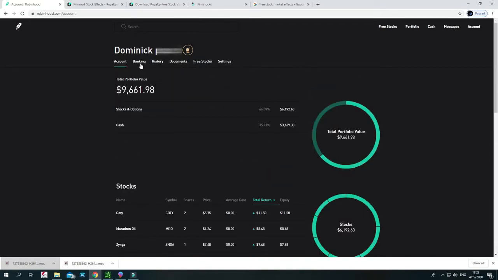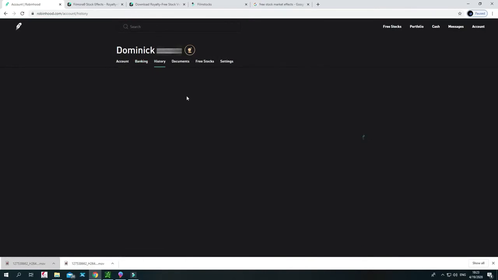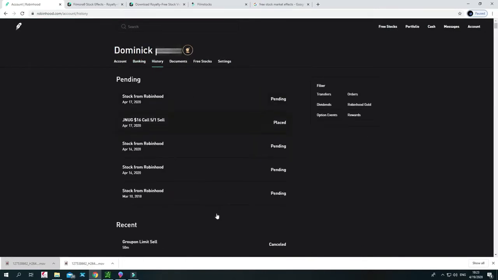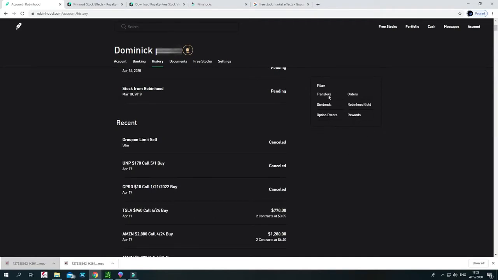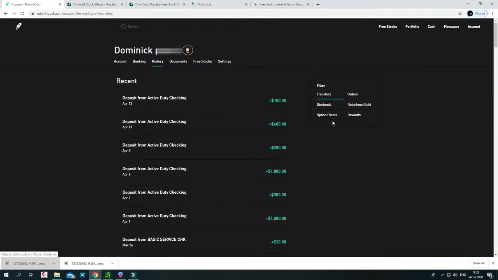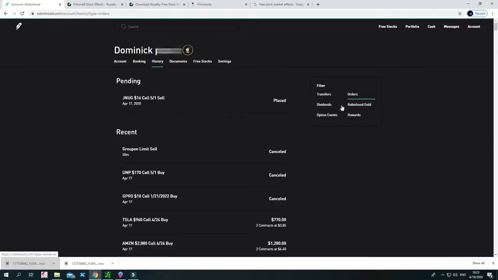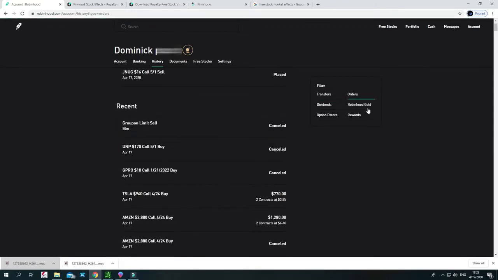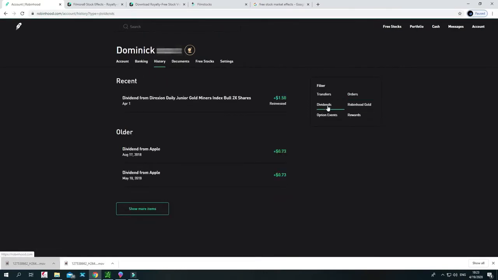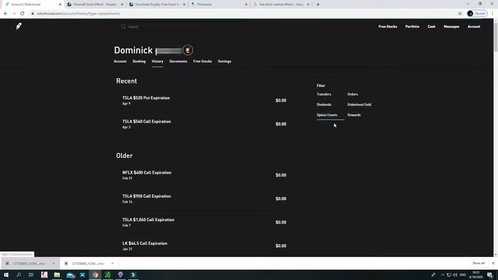Your banking history will show what's pending or recent fills. You have your transfers, this would be from the bank, and orders that have been placed or canceled, bought or sold. Robinhood Gold. Dividends: it will show you the dividends that you received. Options events, what's coming up, expiring April 9th, April 3rd.